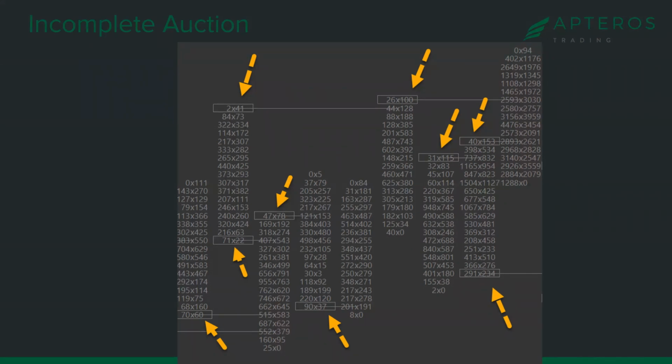I said, hey, Sierra Chart, please highlight incomplete auctions for me. Thank you. So that's why each of those are highlighted, and then it draws a line until it touches somewhere in the future, AKA until the poor high or poor low is taken out. I want it to give me a line until it's taken out.